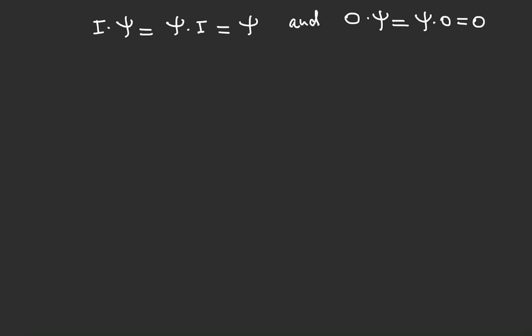So friends, if these two rules, first the addition rule and second the multiplication rule, are followed by the vector space, then it is a linear vector space.